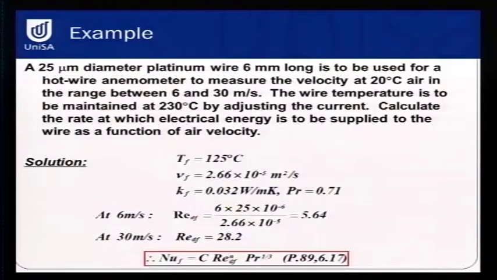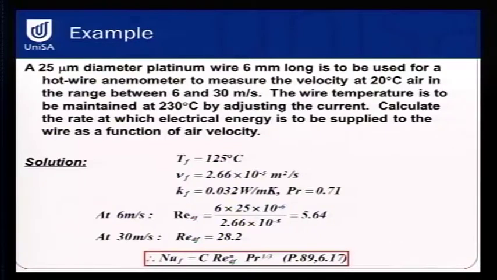In this case, we're talking about a platinum wire, and we use platinum to make sure it doesn't corrode over time. So a thin platinum wire, 6 millimeters long and 25 microns in diameter. We obviously use a small device so that it doesn't interfere with the velocity distribution wherever we are trying to measure the velocity.